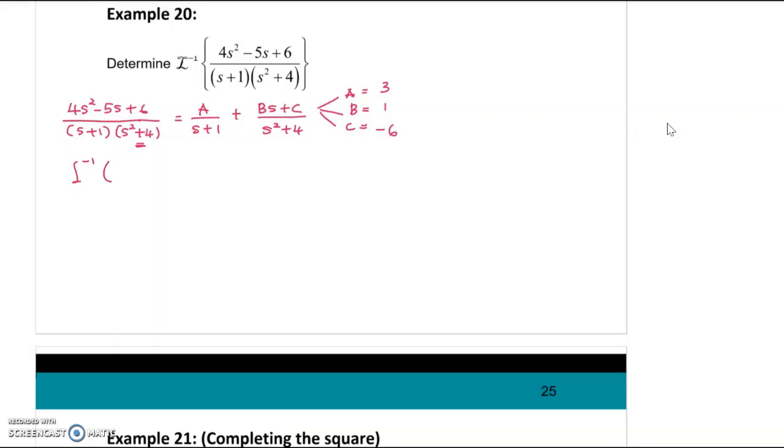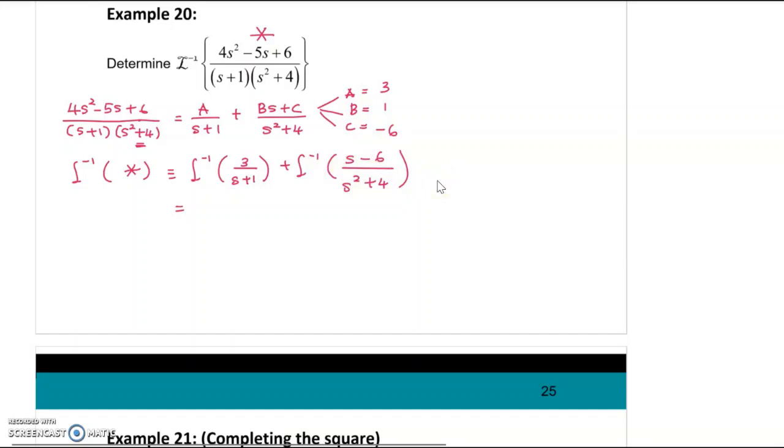This is equivalent to the inverse of A, which is 3 over s plus 1, and then the inverse of Bs plus C, so B is 1, so we have s, C is negative 6, so minus 6 over s squared plus 4, which can be written further by separating the second term into two individual fractions.